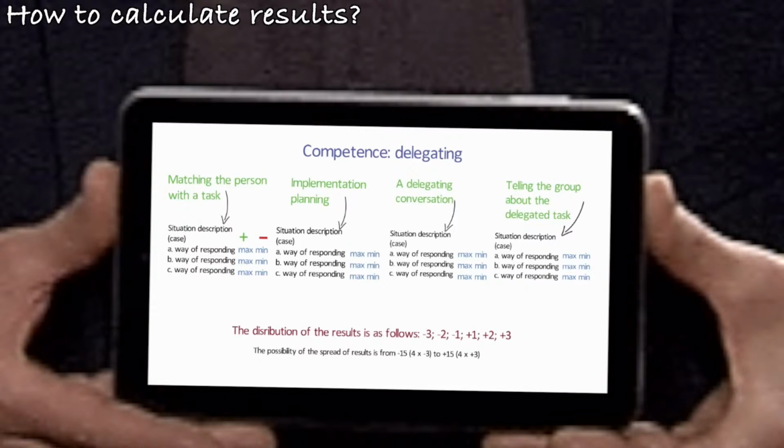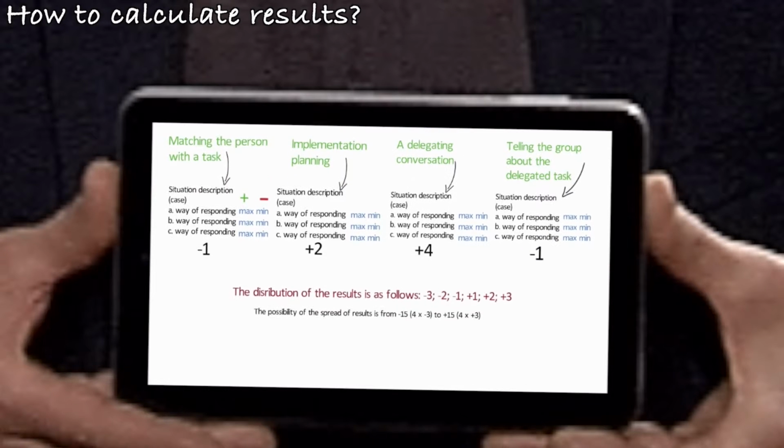Case 1, -1. Case 2, +2. Case 3, +4. Case 4, -1. Collectively, the result obtained was +4, and it was presented as a percentage in the following way.